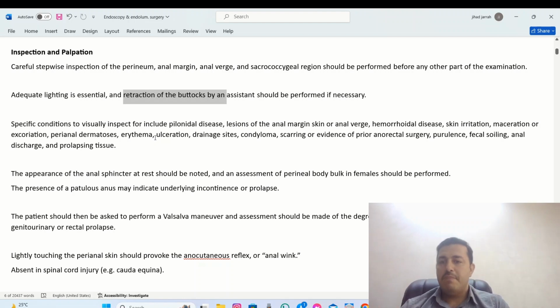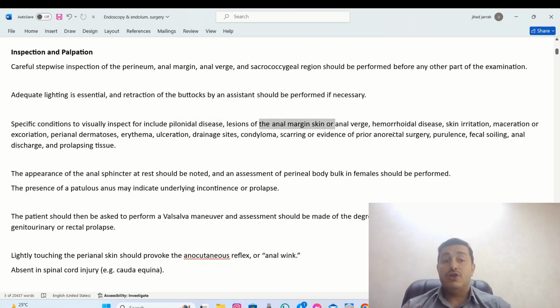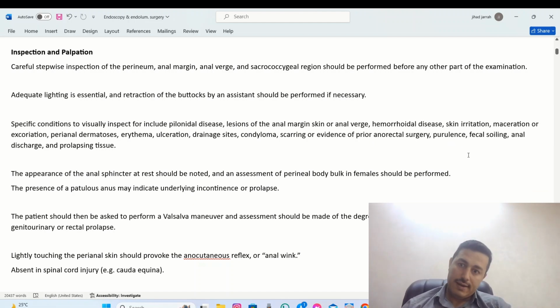Inspection: many conditions can be noted in inspection before proceeding to endoscopic technique, such as pilonidal disease, any lesion in the anal margin or anal verge, hemorrhoidal disease, also skin irritation, ulceration, erythema, drainage site if we are talking about fistulas, condyloma, scarring or evidence of prior anorectal surgery, purulence, fecal soiling and anal discharge, prolapsing tissue.